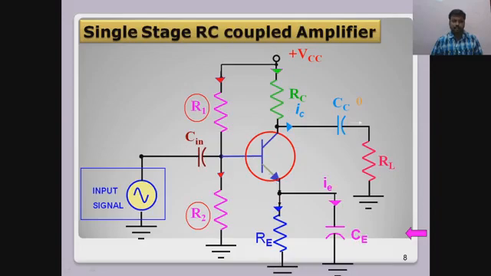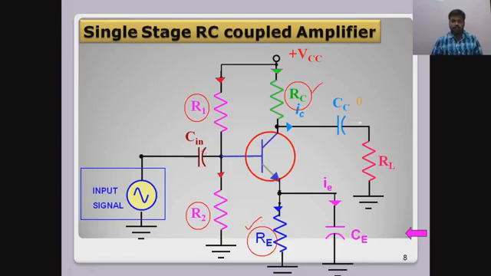RC is a collector resistor and RE is an emitter resistor for temperature stabilization. RC is for collecting the output across the RC, and RE is for providing the temperature stabilization.